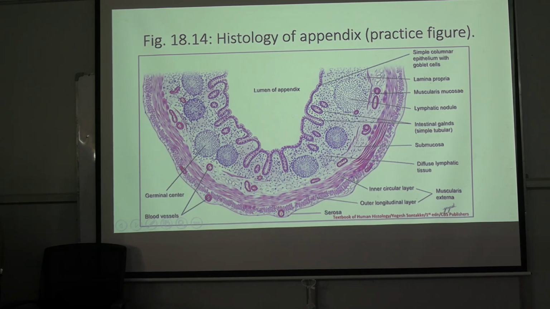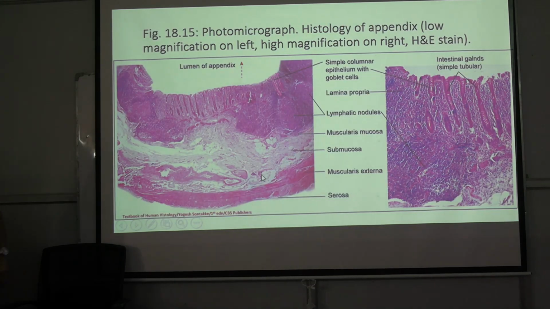Then we have the thin muscle layer, not that great, because this organ is itself very tiny, and while preparing the specimen you may lose this muscle. The outer layer holding it is the serosal layer. So, this is a schematic picture, and in real pictures you will see something like that.